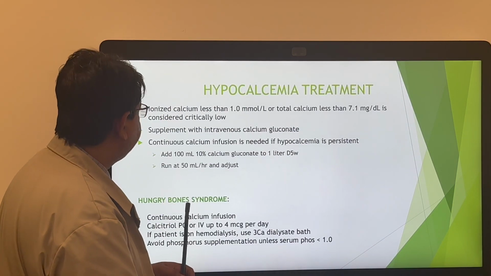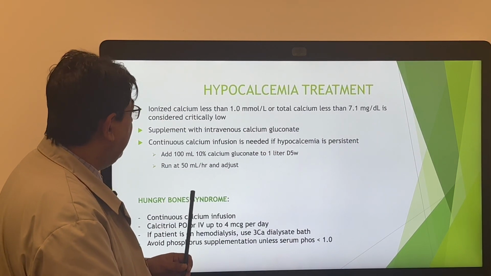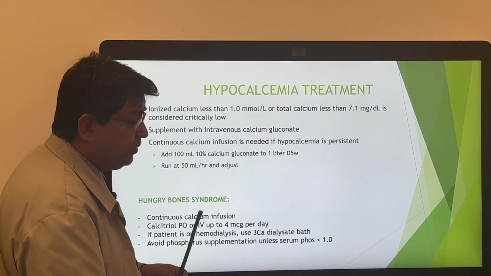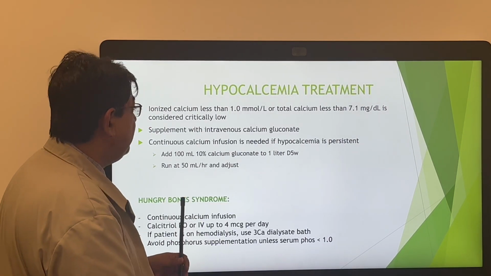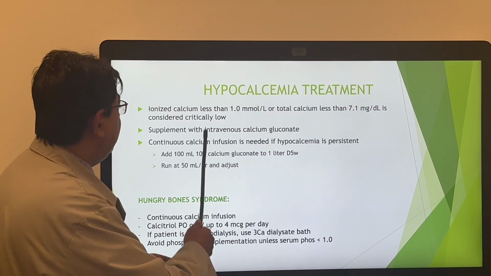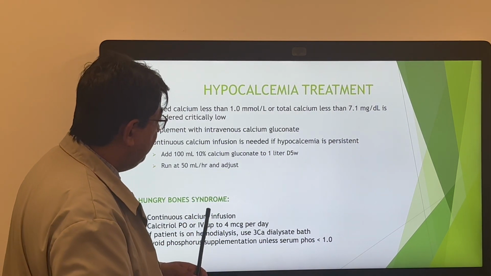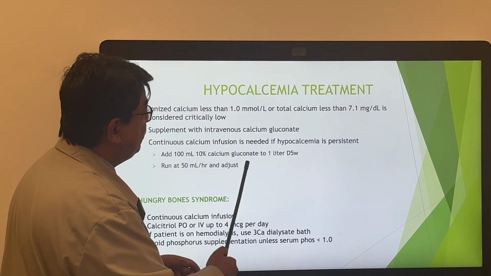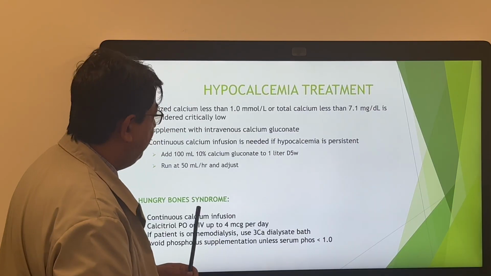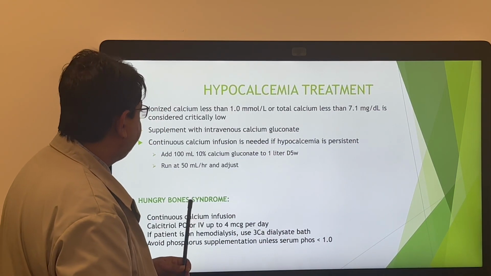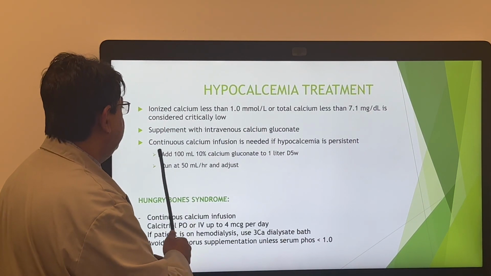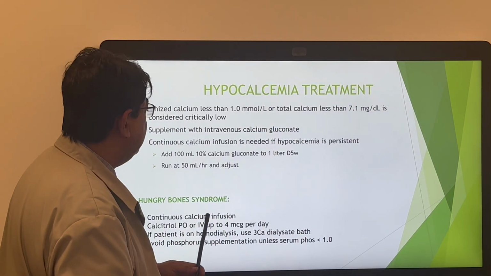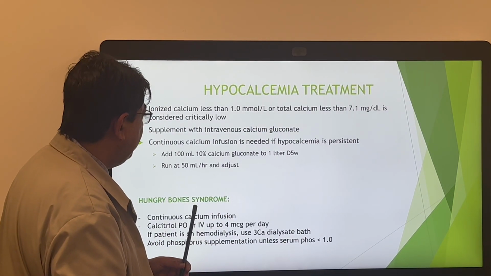How do you treat hypocalcemia? The most important thing to remember is what's dangerous, what's critical. Ionized calcium less than 1.0 millimoles per liter is critical, and so is total calcium less than 7.1 milligrams per deciliter. Typically, if it's critical, you can supplement with intravenous calcium gluconate.